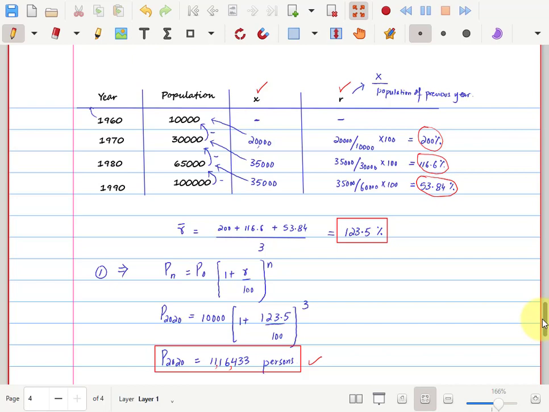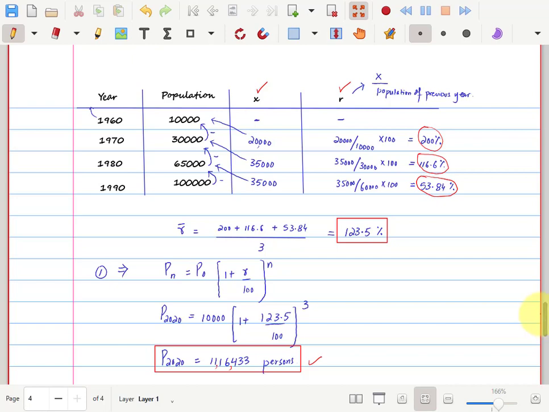In such cases we can use the geometric method, but we cannot use the arithmetic method. Arithmetic method is considered good for those cities which are already settled, and there is very little chance of an increase in population of the city because it is already settled. In such cases we can use the arithmetic method.